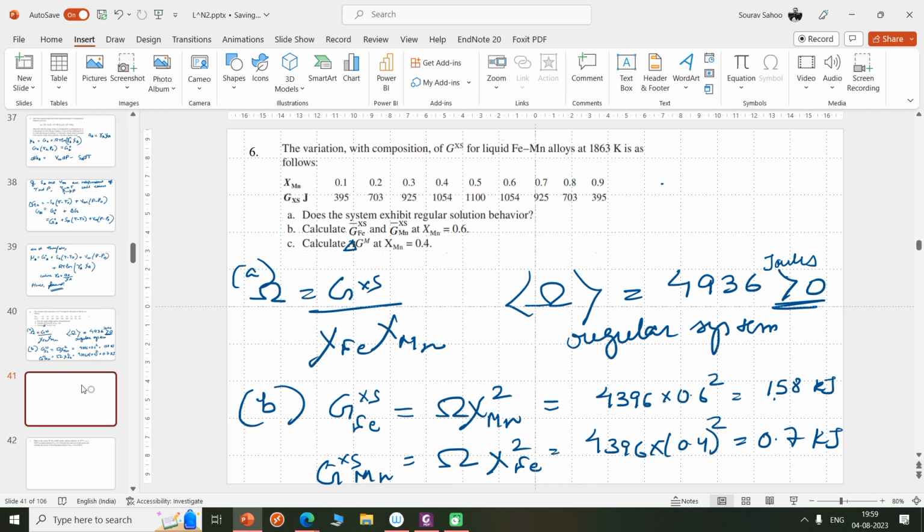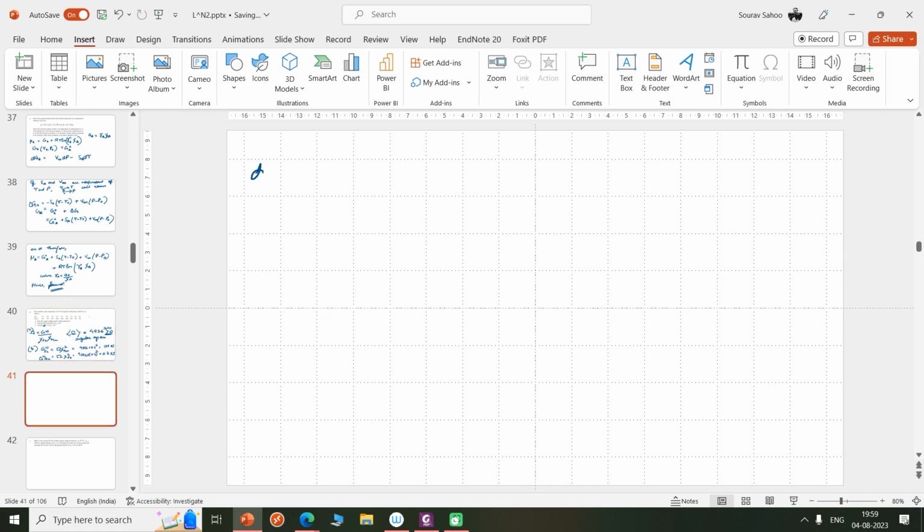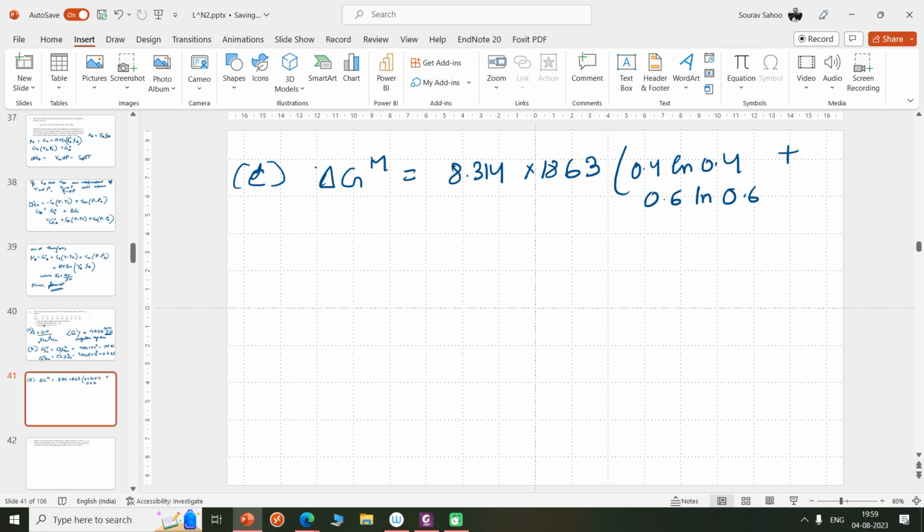So this is R T into chi A ln chi A, that is 0.4 ln 0.4, plus chi B ln chi B, plus omega chi A chi B, right?